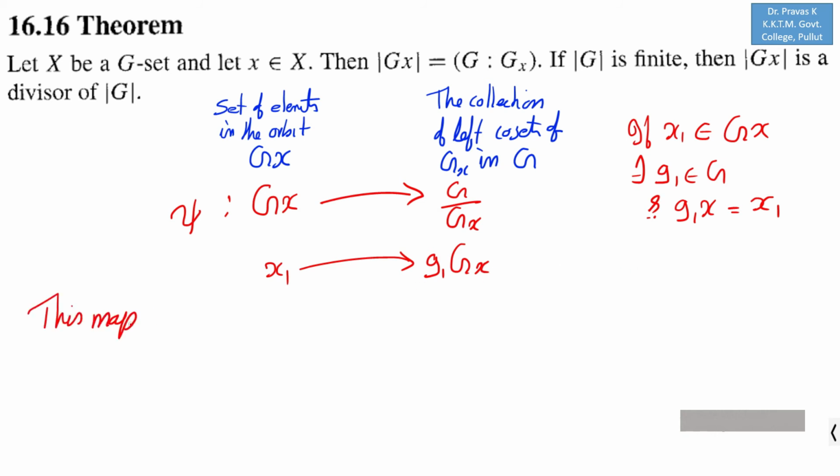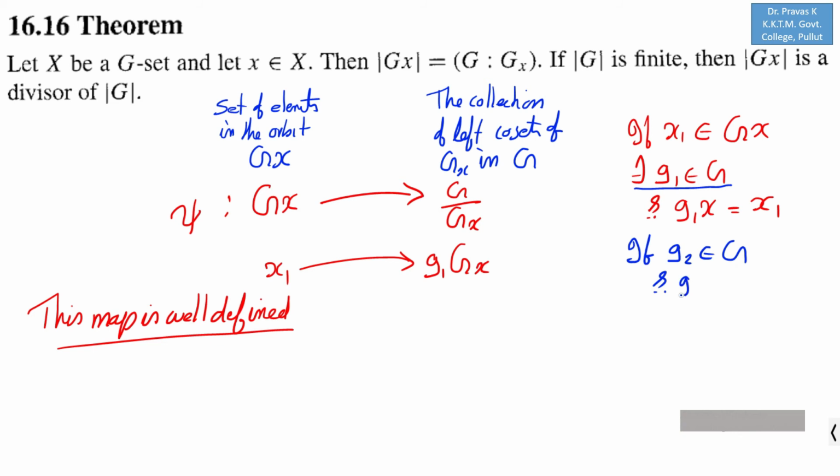We need to prove that this map is well defined. Why? Because by the definition of ψ, if there is an element g2 in G such that g2 takes x to x1, then by the definition of ψ, x1 must be taken to g2 G_x.